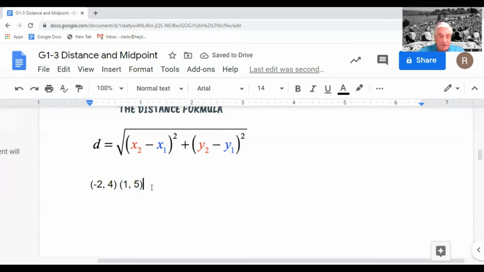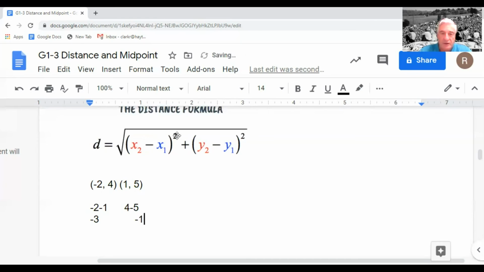Now we're going to take the x's, the first ones, and subtract them: minus 2 minus 1. We're going to take the 2 y's and subtract them: 4 minus 5. Now, minus 2 minus 1 is minus 3. 4 subtract 5 is minus 1.